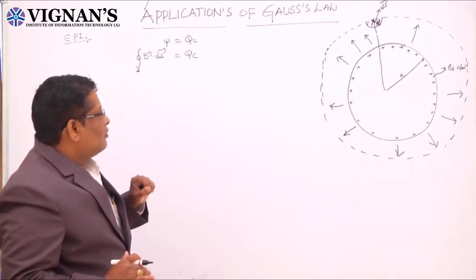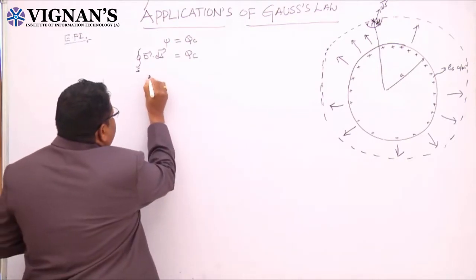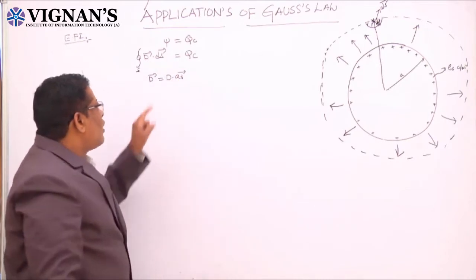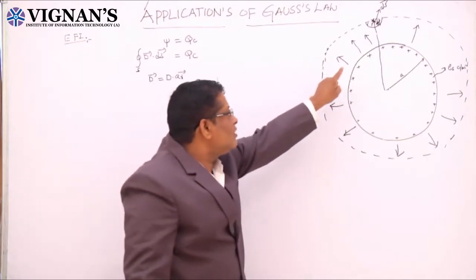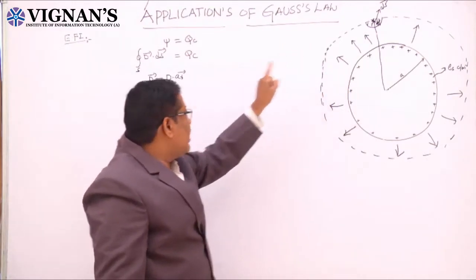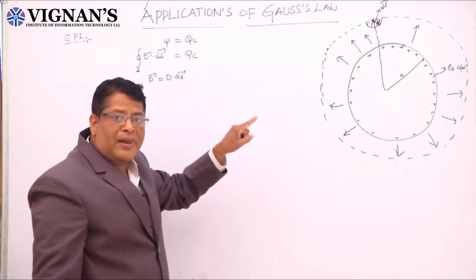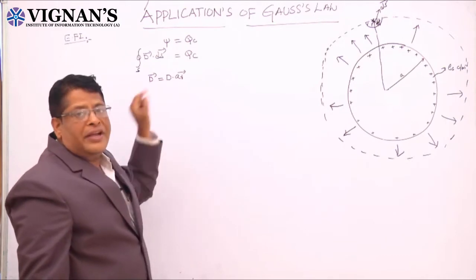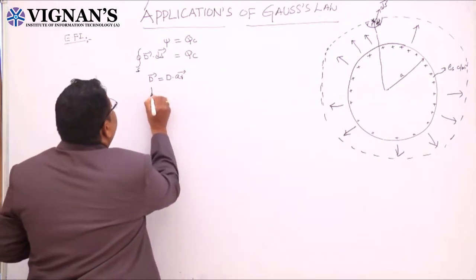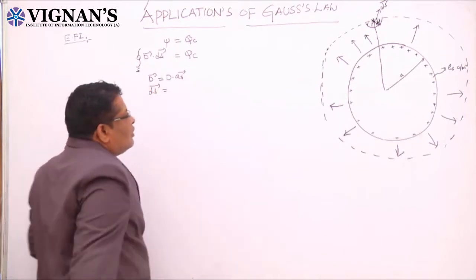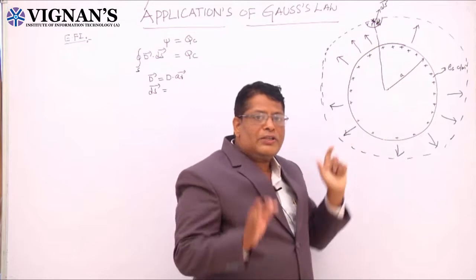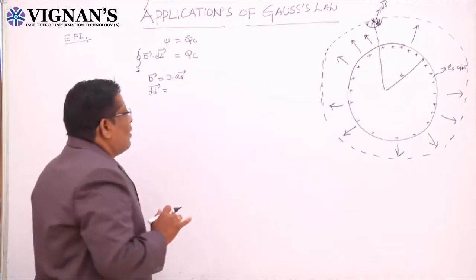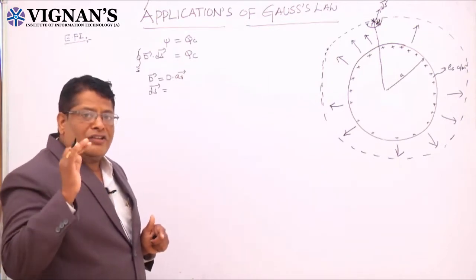Here the D bar is nothing but the flux density. This we can write as D into a r bar. Why have we taken a r bar? Because the flux is in the direction of the radius of the sphere. So the direction of the flux is the same as the direction of the radius of the sphere. Next, the differential surface area ds bar is perpendicular to the radius of the sphere.